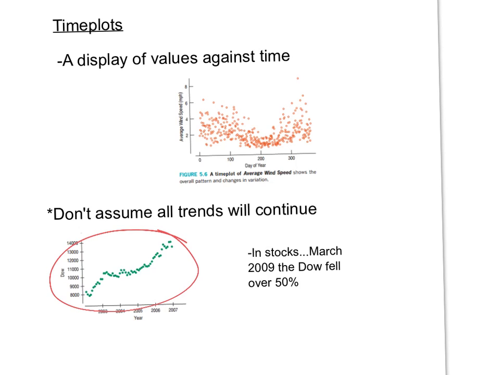This is talking about a stock market, and it looks like it's gone up and up and up, and then the stock market crashed. So be careful with estimating. This is called extrapolation, where you're assuming things are going to go in that same pattern over time. We use trends to actually show what happened at a certain time period, but not necessarily in the future.